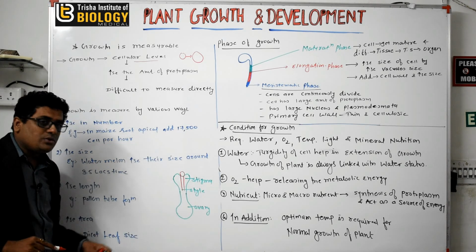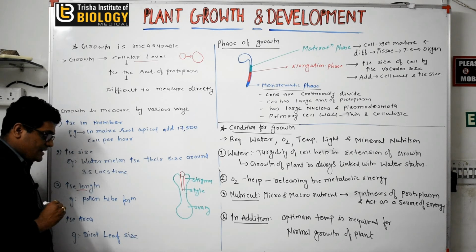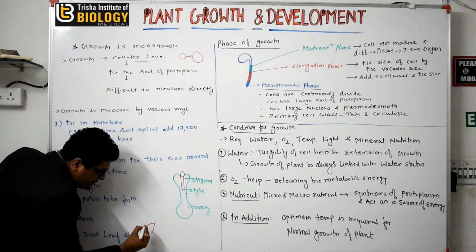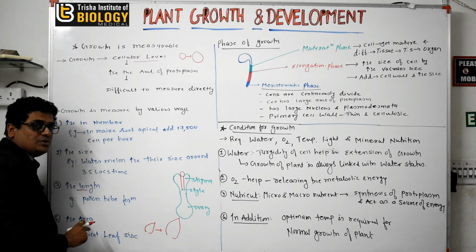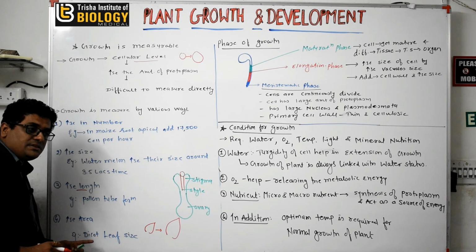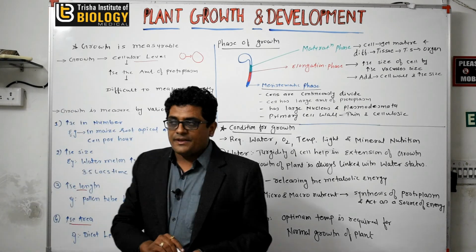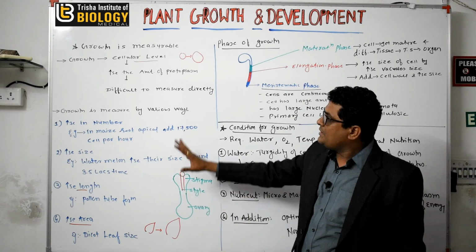So the growth of pollen tubes is always expressed in terms of length. And in a dicot plant, the leaf is initially small, and then the size of the leaf increases. So here the growth is expressed in terms of increase in area. Okay, so this is the measurement of growth.